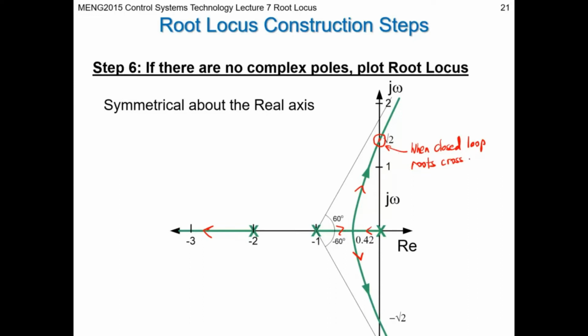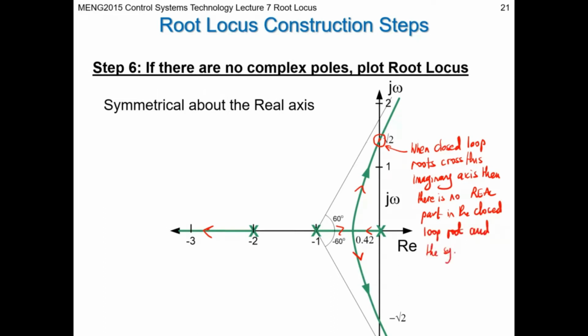So when the closed loop roots cross this imaginary axis, then at this condition there's no real part in the closed loop root, and the system will oscillate in simple harmonic motion at omega c radians per second, and in this case omega c equals root 2.